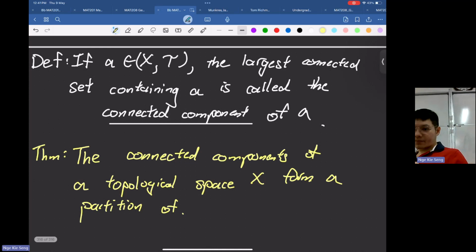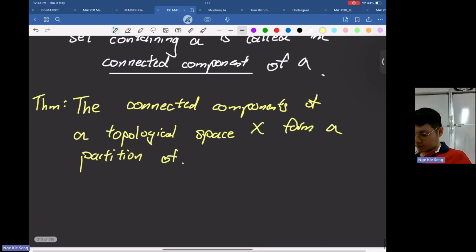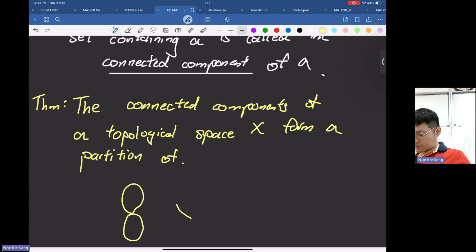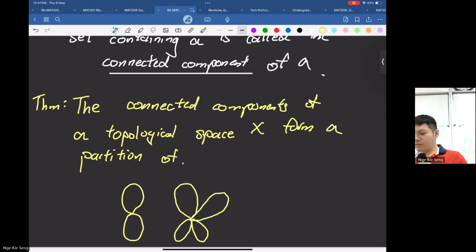So for example, just now we had these roses, right? If I take away all the cut points here, how many connected components are there in the first one? How many in the second one? 2 and 4.